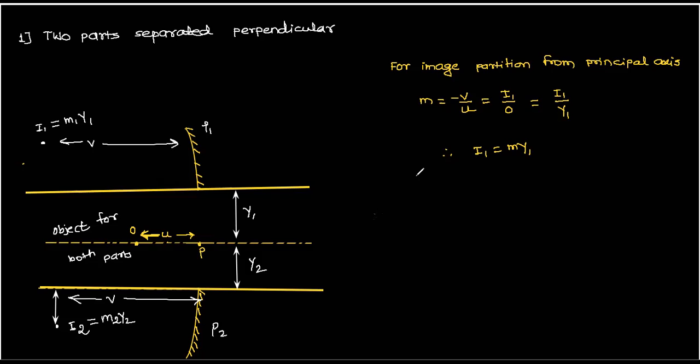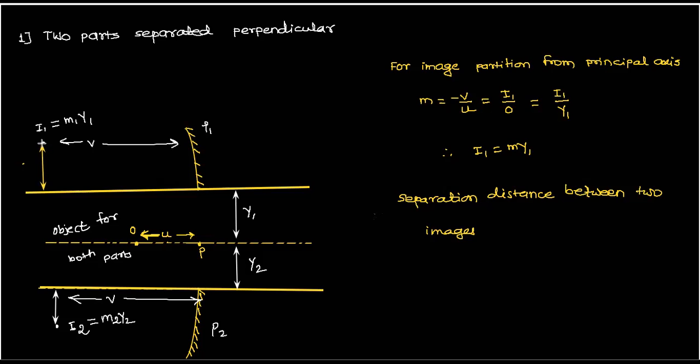Next. Now the separation distance between two images. You see, from this point to this point, we have to find the distance. So what is this? This plus this m1 y1. This distance is there, no?